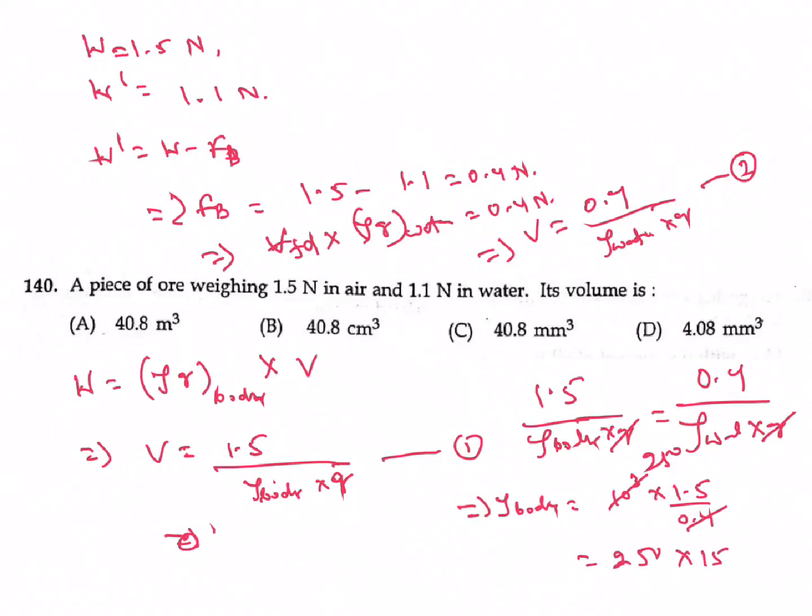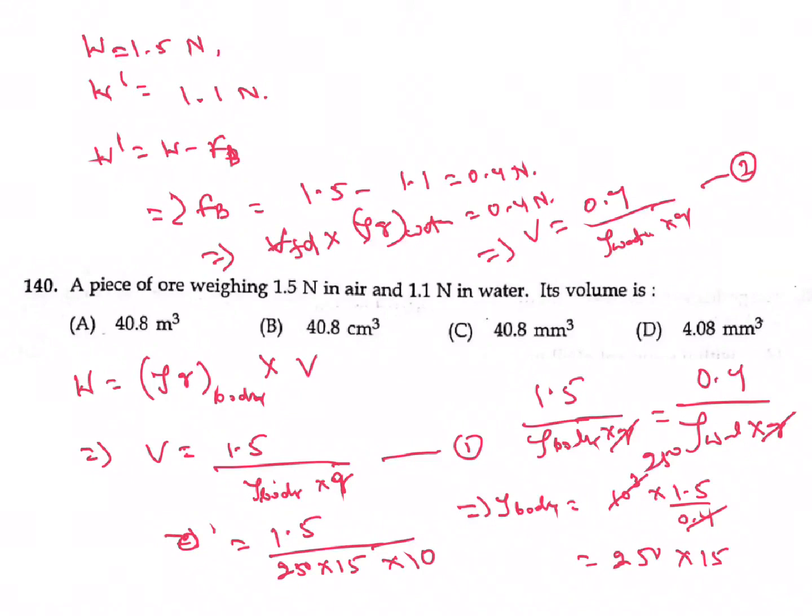Then put in equation 1 and you will get your answer. Equation 1: volume equals 1.5 by density of body, 250 into 15, into g, taking g as 10.